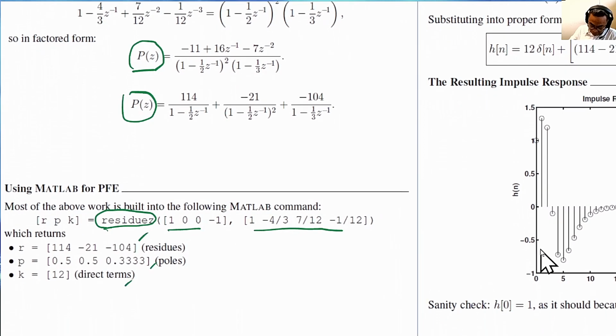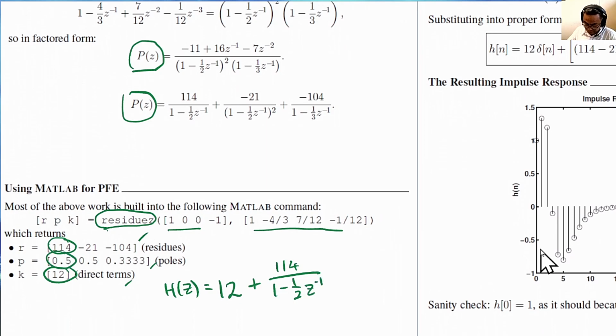So we are going to write down the equations now. H of z is equal to k, which is 12, plus 114, which is the R1, over 1 minus a half z to the power of minus 1.